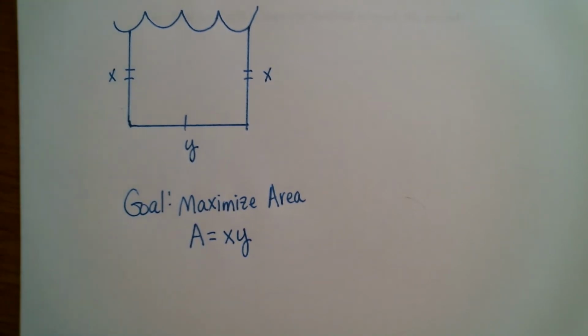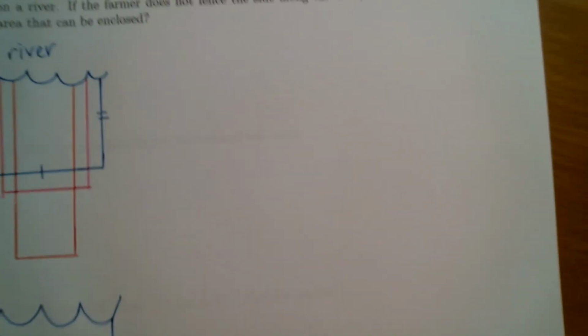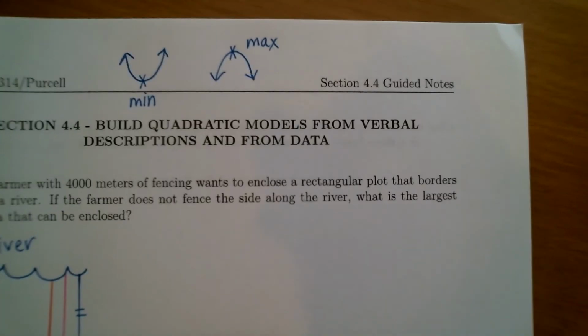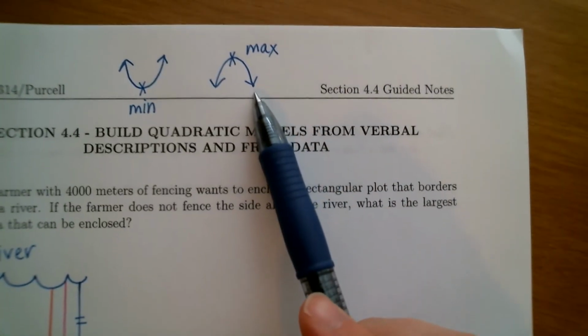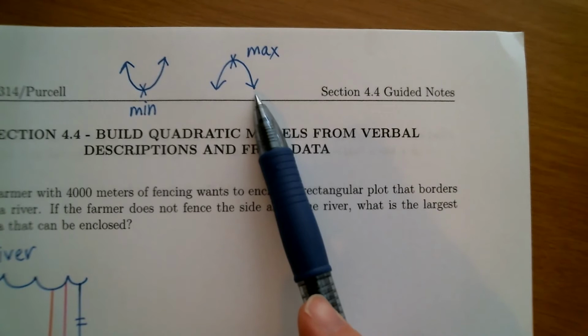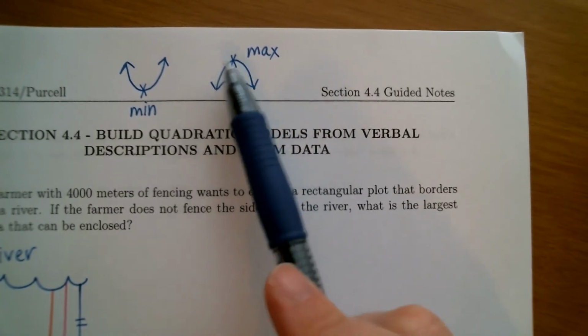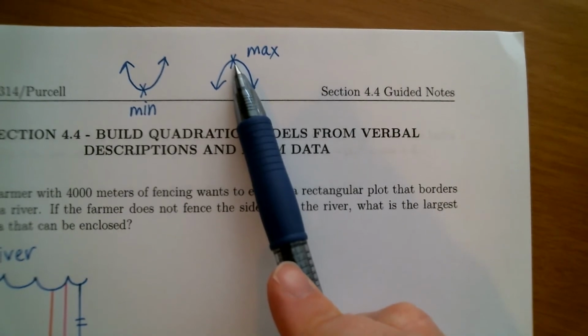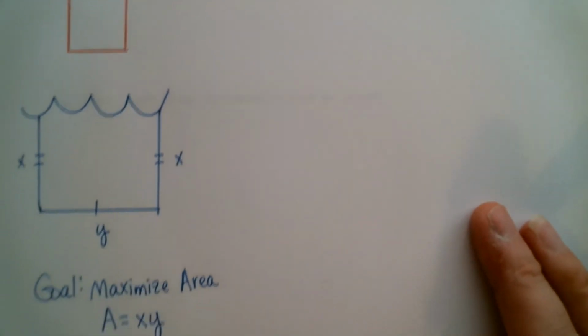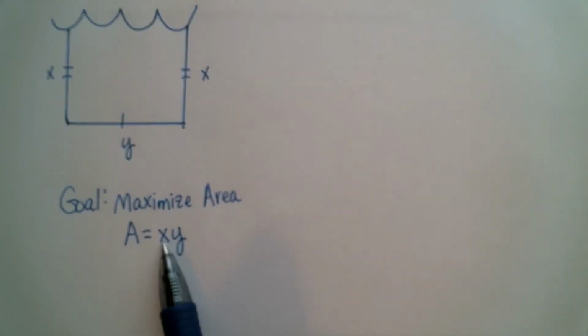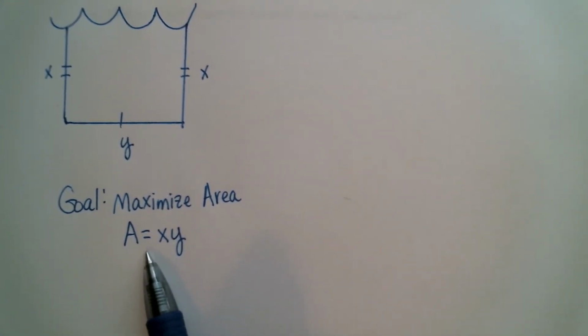We would love for our area equation to be a parabola, and since we're trying to find the maximum area, we would love it if the area function were a parabola that opened downward, because then it would have a maximum.